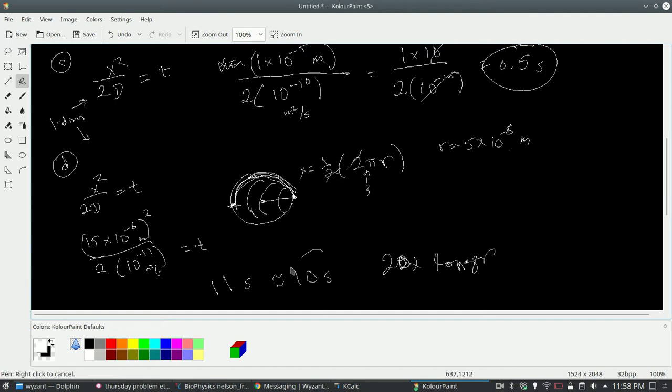It takes at least 20 times longer, maybe more. So I think that's a pretty good argument for the sensors to be membrane proteins rather than cytoplasm proteins.